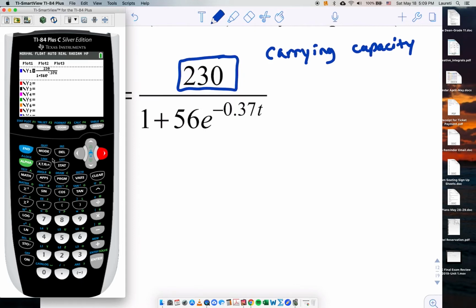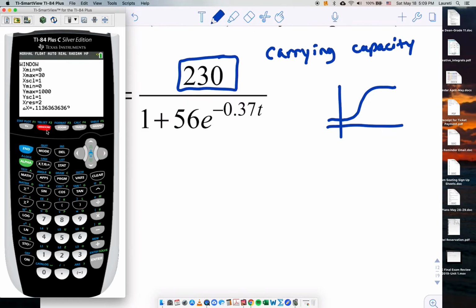All right. Now remember, a logistic function looks kind of like that. So that's kind of what we're hoping for when I graph this. Now when I go to the window, I'm going to start at 0, 30 seems okay, and then I'll adjust it if I need to, and then the y values should go to about 230.